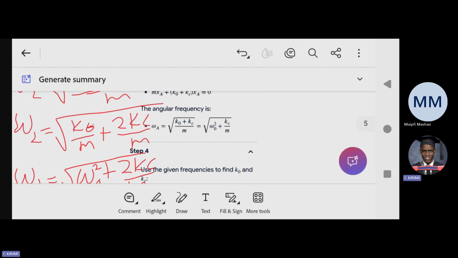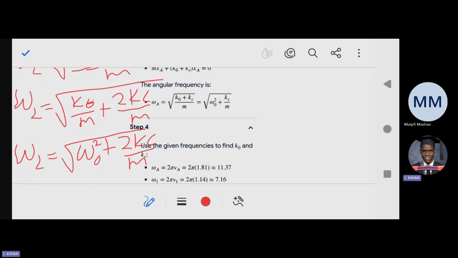The one inside is omega naught squared plus 2Kc. So we have proved B.